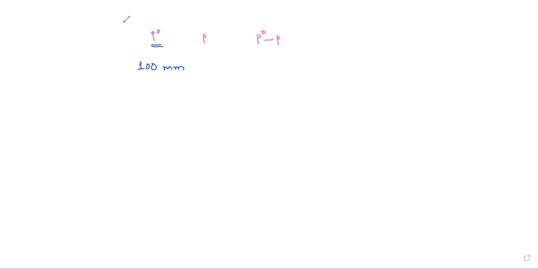Now, as we go on adding a non-volatile solute to it, say when some amount of the non-volatile solute is added, the vapor pressure of solution is decreased to 90 mm. And what is the decrease in the vapor pressure of the pure solvent because of the addition of this non-volatile solute? It is 10 mm.